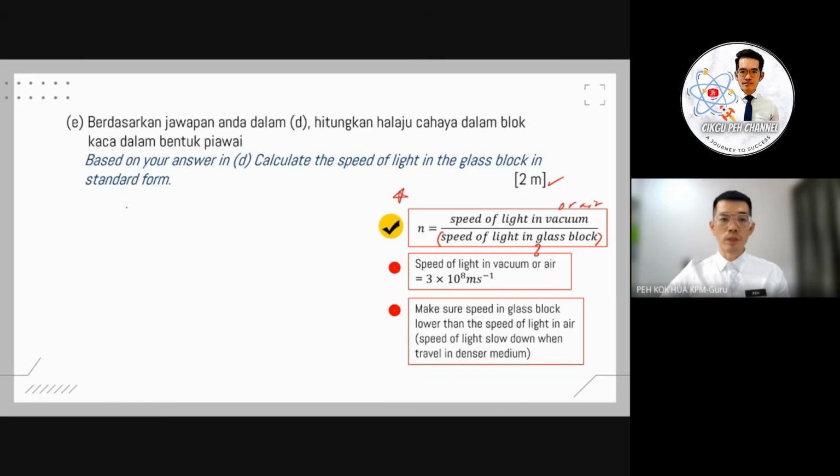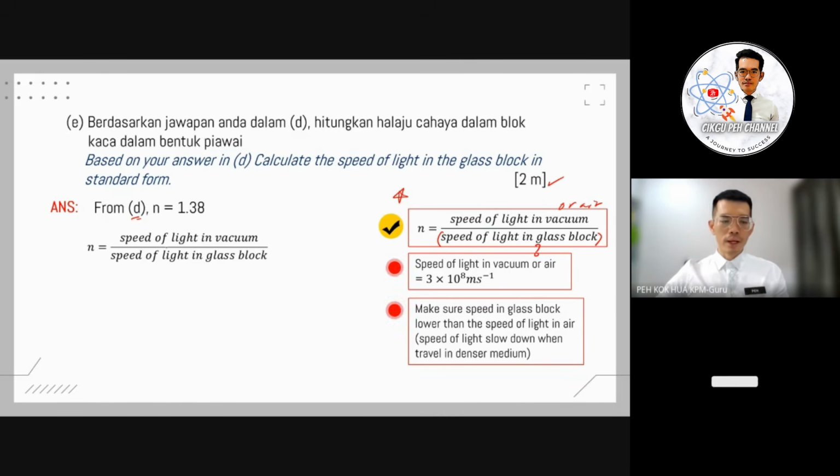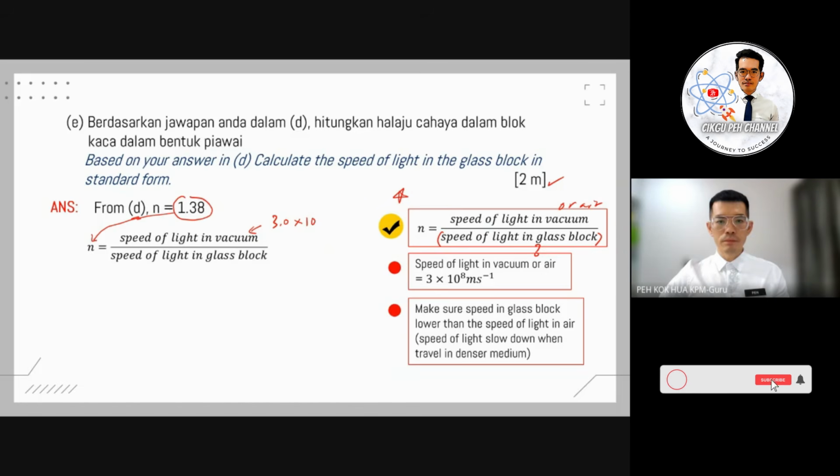Now let's see together the answer. From D, I get my value of n is equal to 1.38. You will have your own value which is about 1.5, as I mentioned already. Substitute your answer in D for n here, and the speed in vacuum will be 3 times 10 power 8.